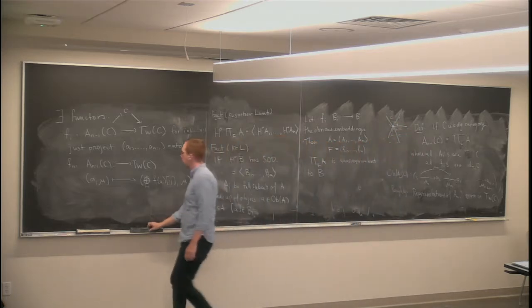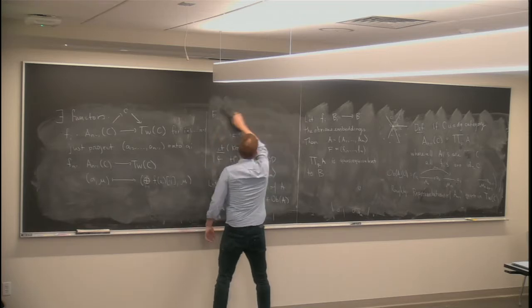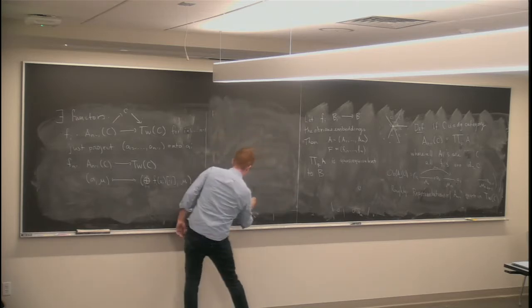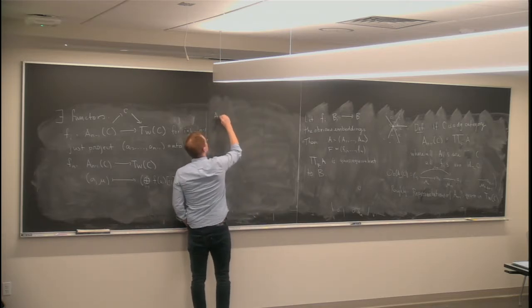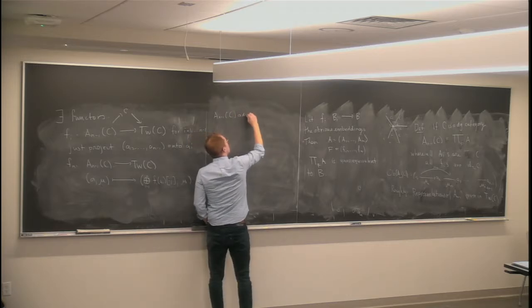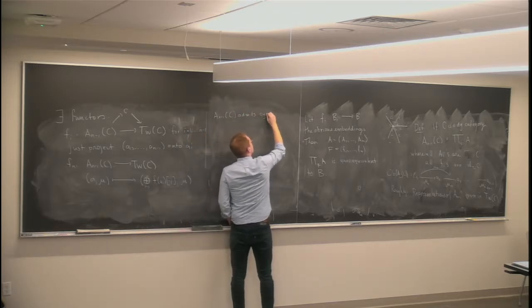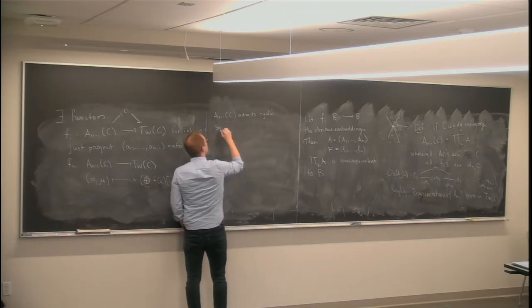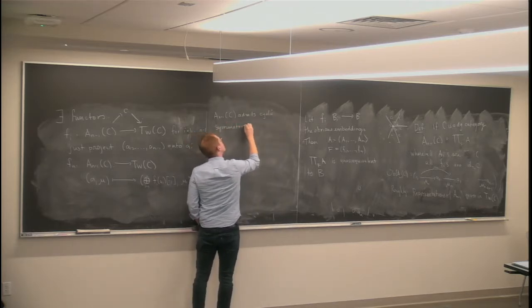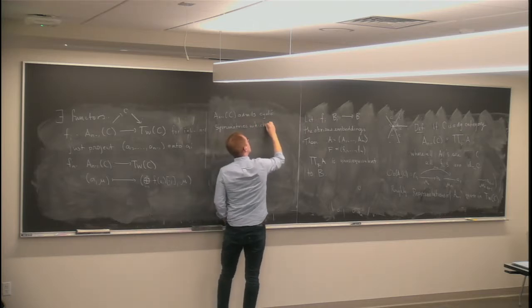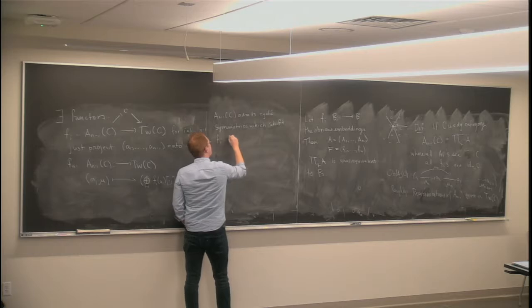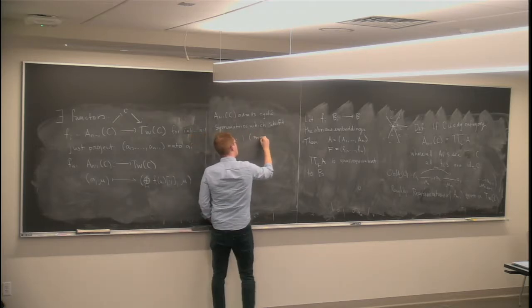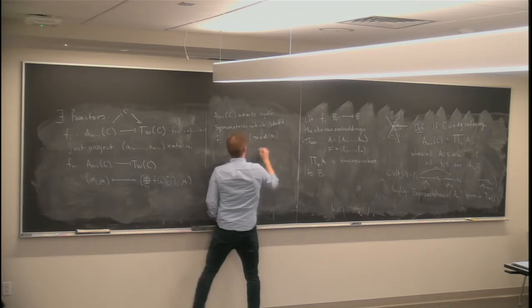So for instance, A_n(C) admits cyclic symmetries which rotate or shift F_i by 1, not n.